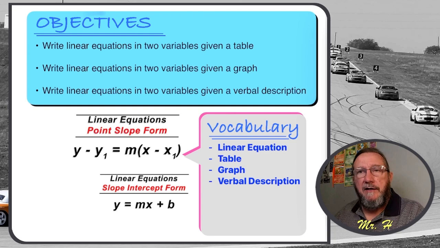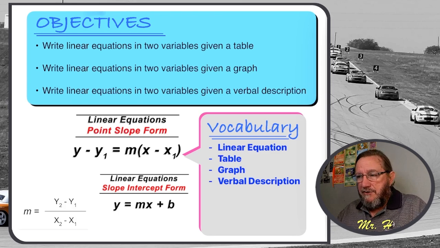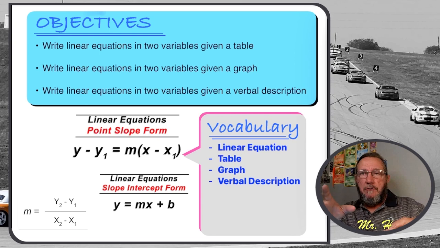And finally, if you're given some information, but you're not given a slope at all, you're just given some data, then you've got to make use of this little formula here, the slope formula. We did some problems conceptually where we just said, okay, how did the y change? And we put that in the numerator. How did the x change? And we put that in the denominator, and that was our slope.